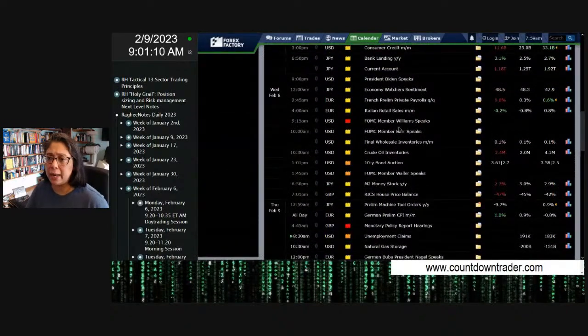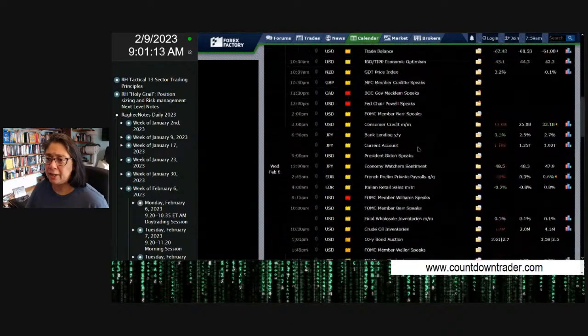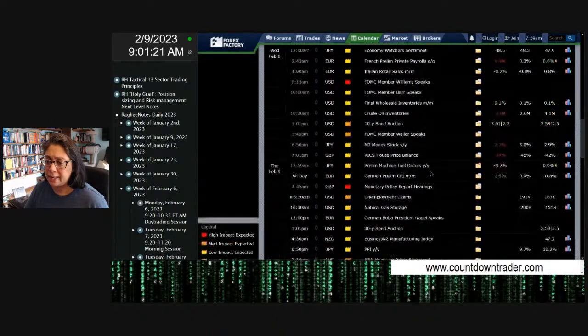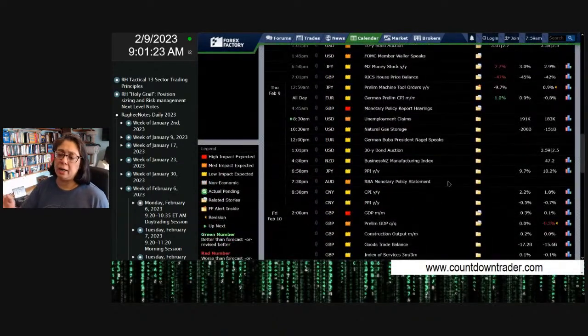I'm going to show you two economic calendars here. The first is from Forex Factory, and I look at this one the most. It's an easy way to see what kind of events, hot zones, happened before we got started with our U.S. trading session.